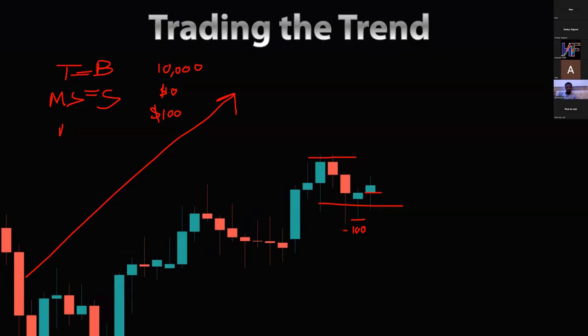The body is a little bit bigger. So you're still in the trade now. So you're trailing the stop or securing something?